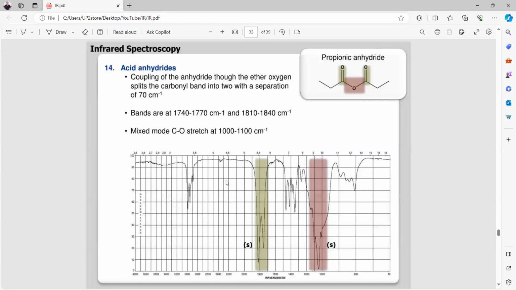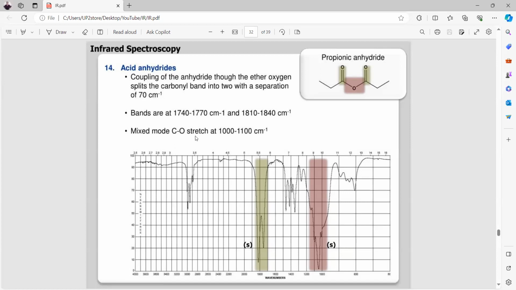Acid anhydride, and we have an example, propionic anhydride. Coupling of the anhydride through the ether oxygen splits the carbonyl band into two, with a separation of 70 centimeter minus 1. Bands are at 1740 to 1770 and 1810 to 1840.